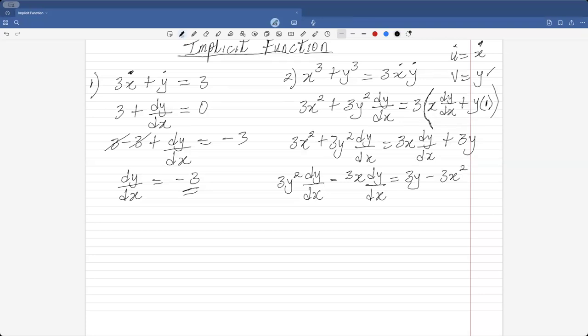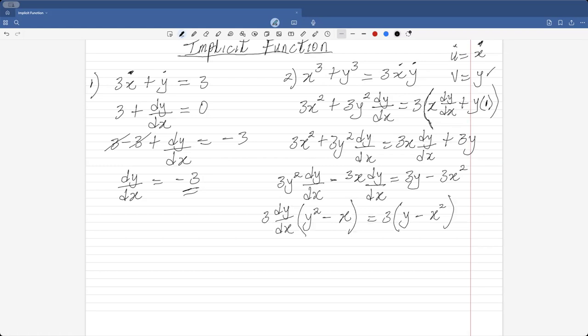So we have 3 dy/dx, open parenthesis, y squared minus x, close parenthesis, equals 3, open parenthesis, y minus x squared, close parenthesis.